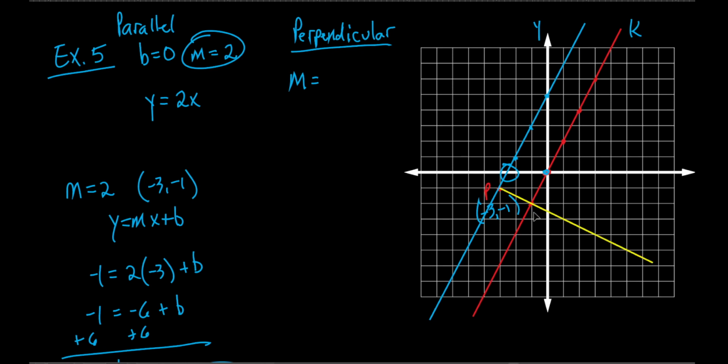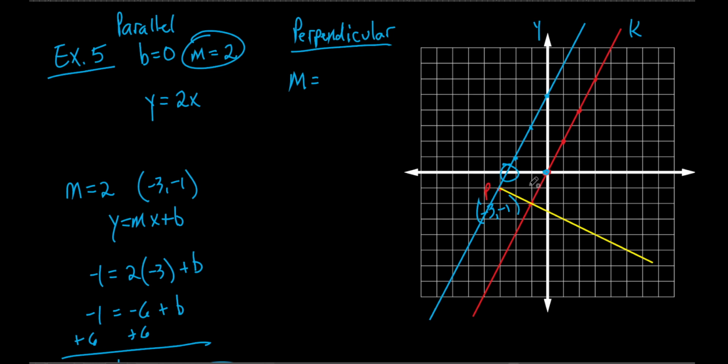It's perpendicular to the red one, and it goes through point P. Now, if it's perpendicular to the red one, it's also going to be perpendicular to the blue one. Agreed? So what is going to be the slope of the yellow line? If it's perpendicular to the red one, I should know automatically what the slope's going to be.